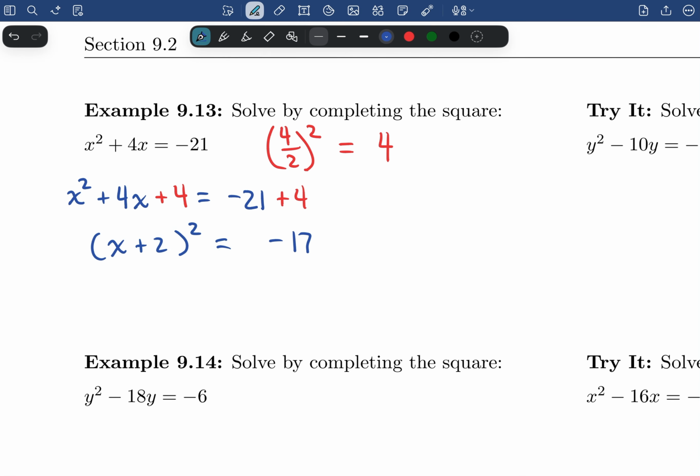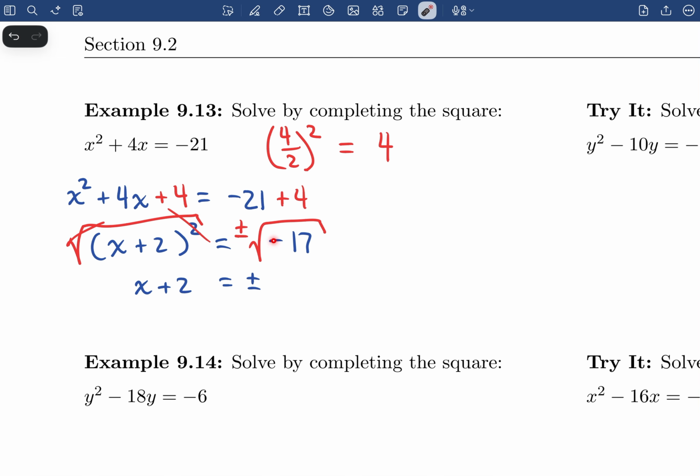Moving on to the next step, I'm going to use the square root property, square rooting both sides of the equation and including a plus or minus symbol on the side that doesn't have the variable. Now the square and the square root fight and die on this left side, and so I just get x plus 2. And it equals plus or minus the square root of negative 17.